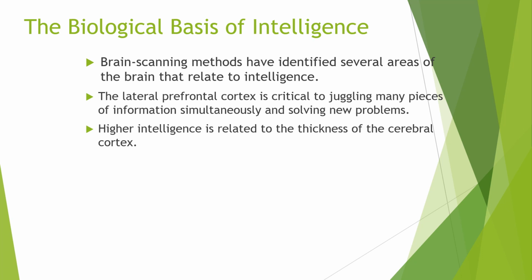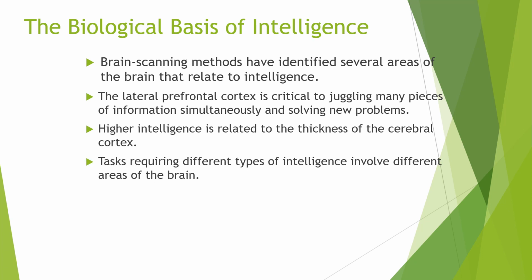Higher intelligence is related to the thickness of the cerebral cortex. The thicker your cerebral cortex is, the higher your intelligence is. The thinner your cerebral cortex is, the less intelligent you may be. We also want to look at the tasks that are required for different types of intelligences, right? We just talked about Gardner's 8 different types of intelligence.